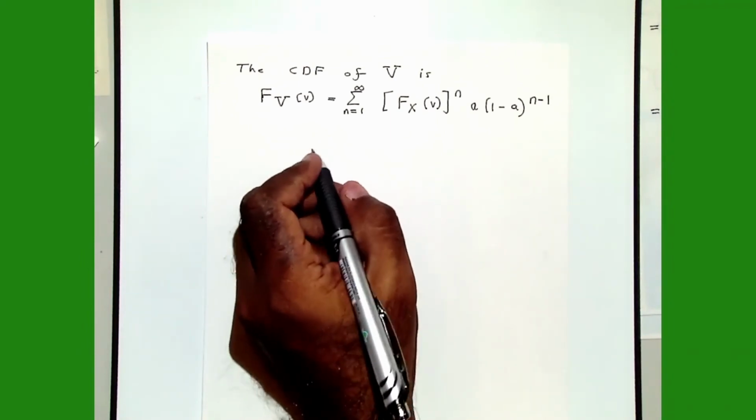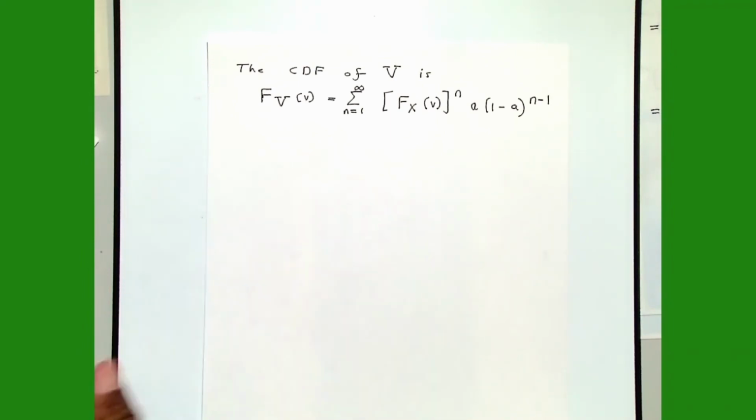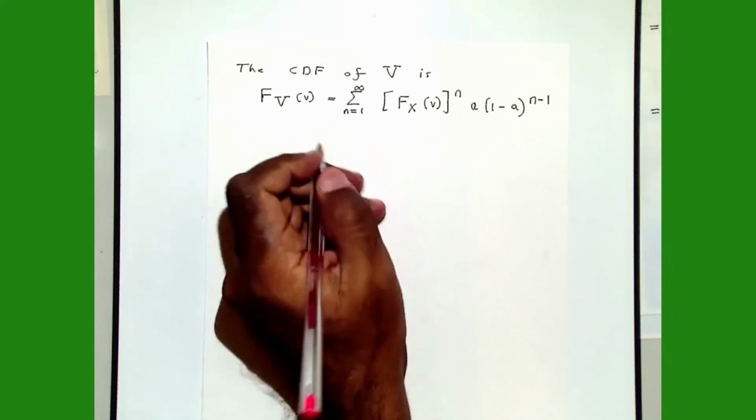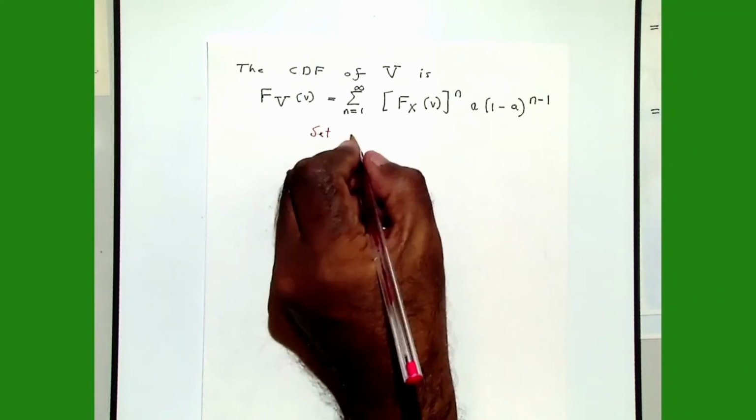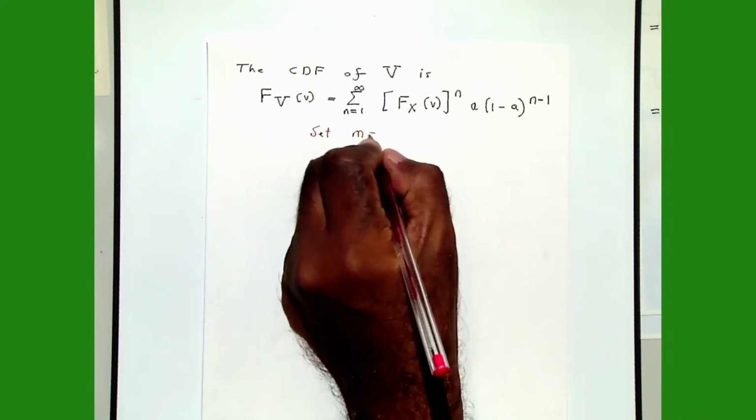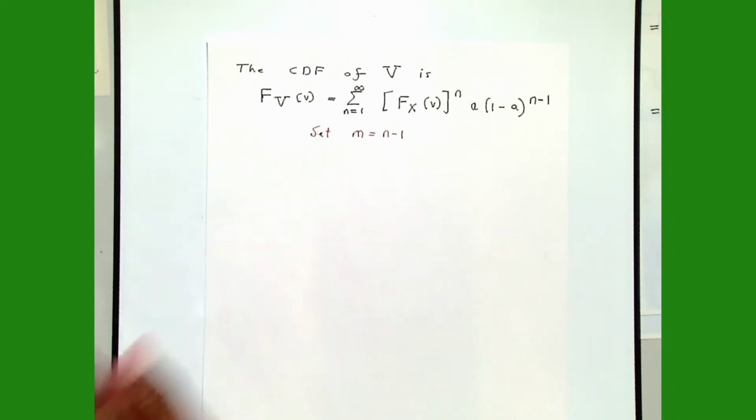Now I'm going to make a substitution. I'm going to set m equal to n minus 1, right?